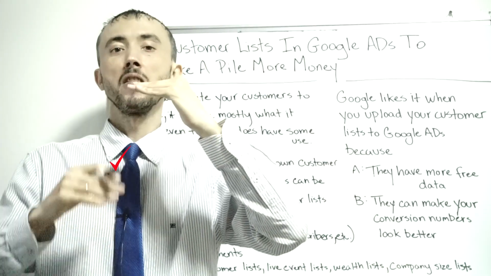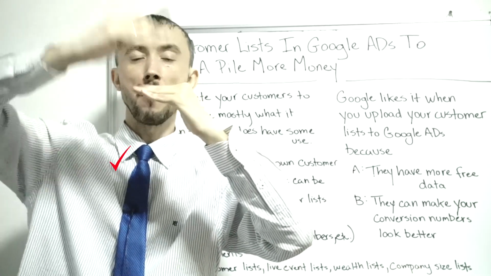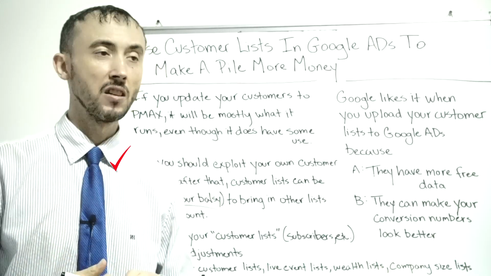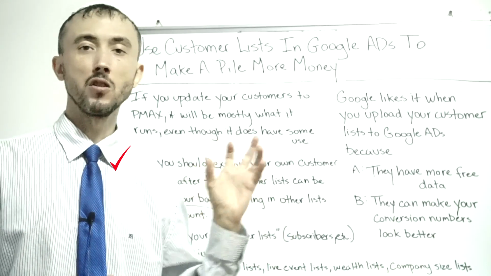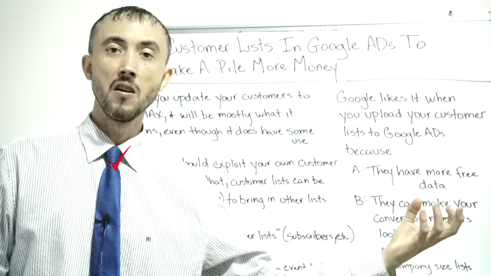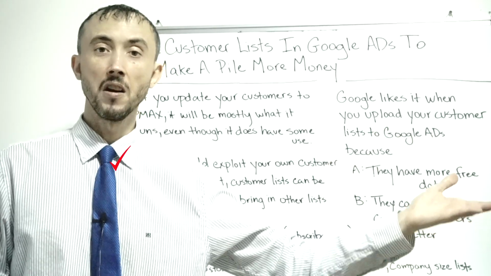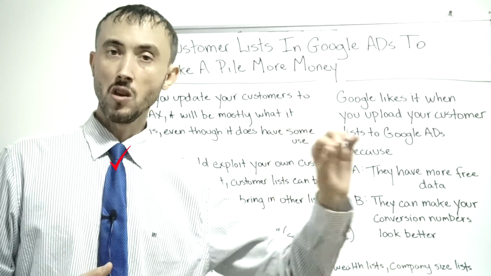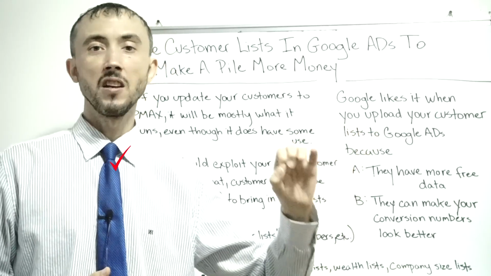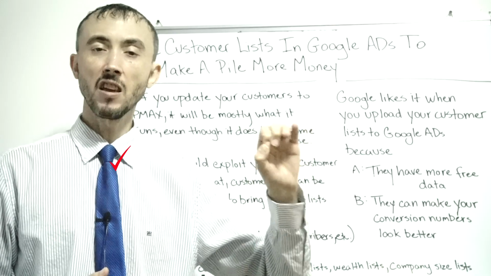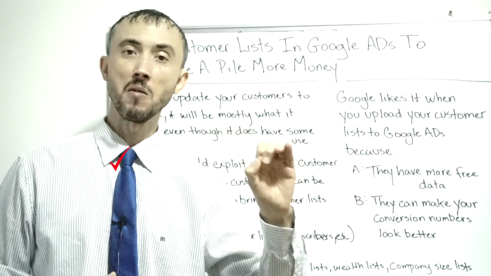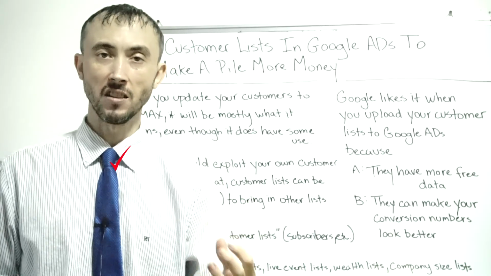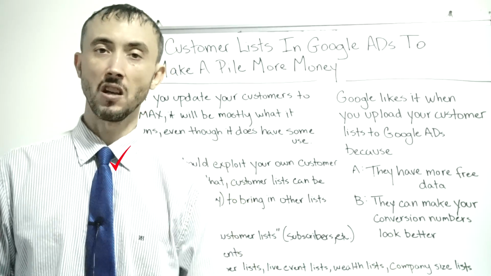If you target people in the smaller top part of the pyramid with your keyword campaigns, such as people looking for construction software, but you can only sell to companies with 100 employees or more, then 90% of the people searching for that do not have a company with 100 employees or more. It's impossible to get your campaign to work in that scenario, if you follow my logic there.